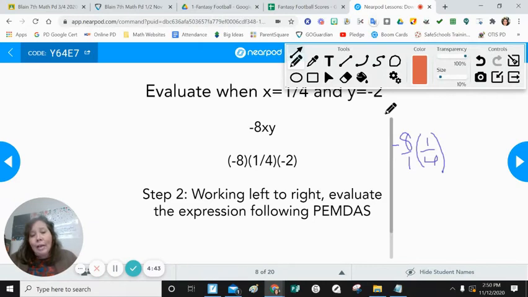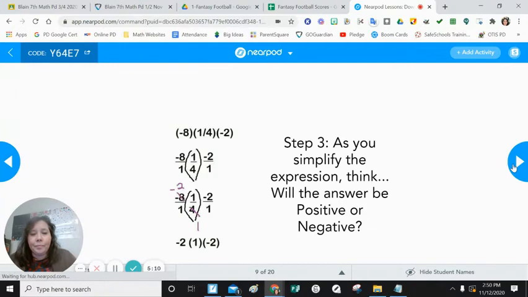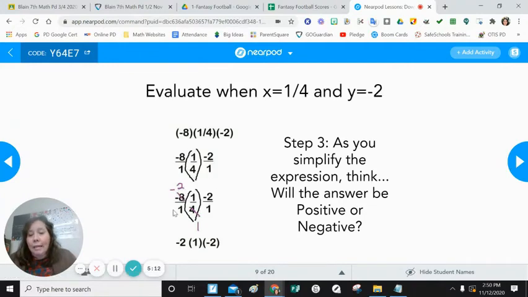I'm also going to look and think, well, to cross cancel, I'm looking at a numerator and a denominator. And I can see that I can have my 4 and my 8. I can simplify that by dividing both of those numbers. So I end up getting a -2/1 times a 1/1. And when I go to my next slide, I see that I can simplify that even further to -2 times 1 times -2.